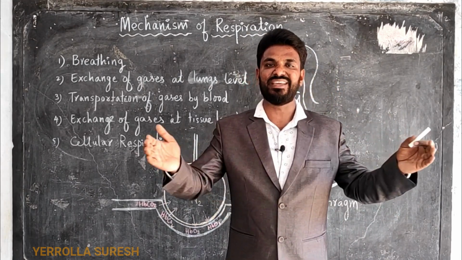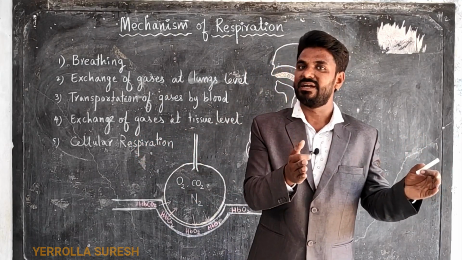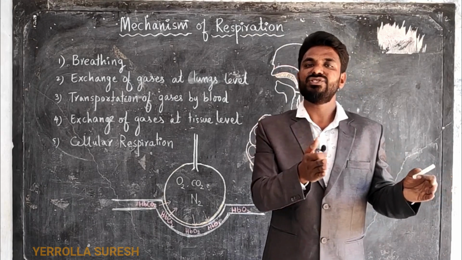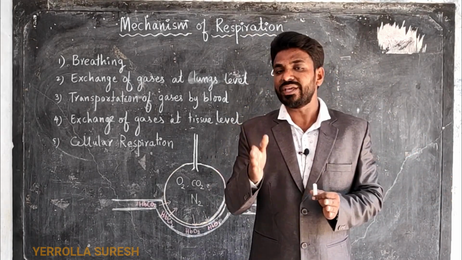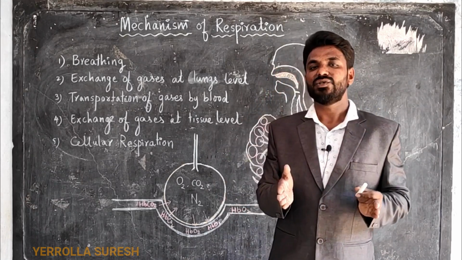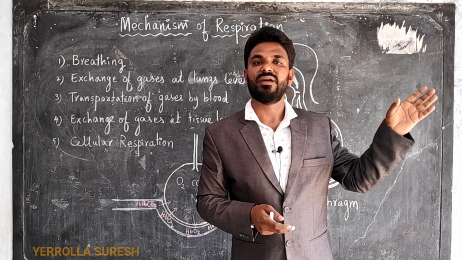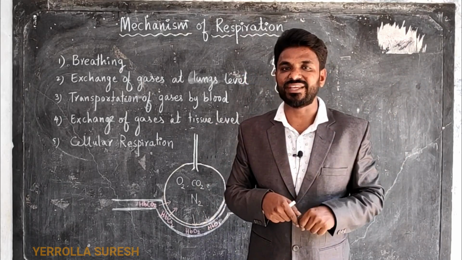Volume of chest cavity increases. If volume increases, the pressure of air decreases. We know that air generally moves from higher pressure area to lower pressure area. So a lower pressure area is created during inhalation. So the air from atmosphere enters into the lungs, because here it is a lower pressure area.